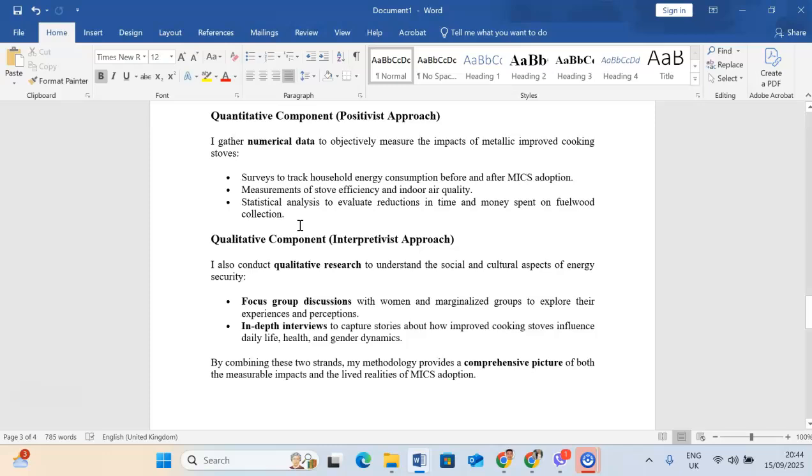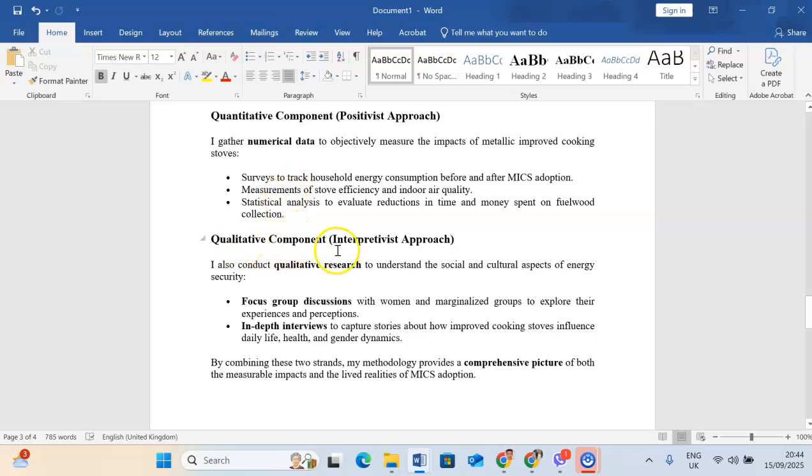Likewise, this included by what percentage or by what tons carbon emissions were reduced by the adoption of metallic improved cooking stoves in the households. All of those data, figures, and facts come under this.